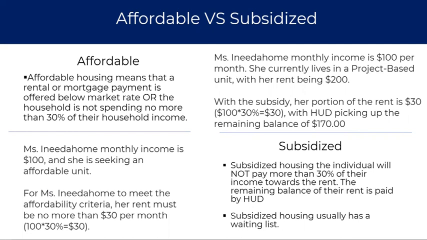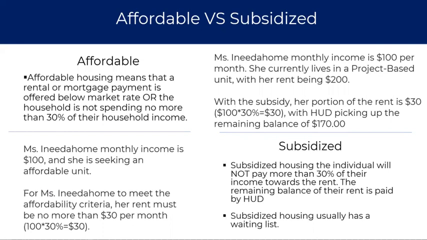I know 30 is cheap, but for this particular training, we're going to use simple calculations and simple numbers so we can understand these scenarios. I wish we could have $30 rent in this day and age in this housing crisis. So in order for her rent to be affordable, she could not pay more than $30 per month. So that's affordability for Miss I Need a Home.